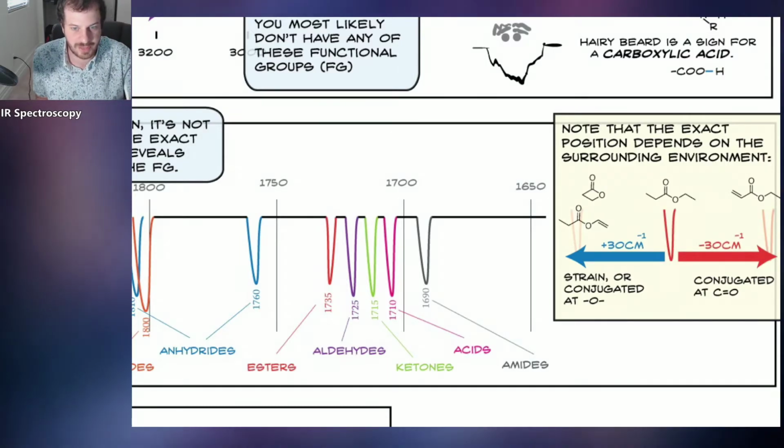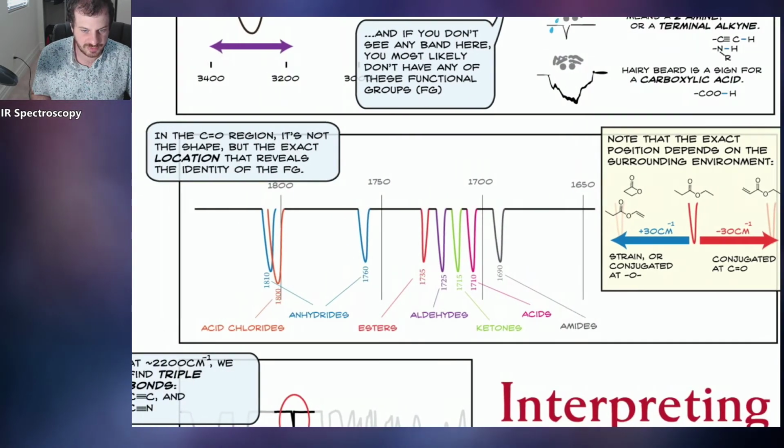So just be aware of that possibility. And if you want, we can talk more about why this is the case. But for now, just remember that strain or conjugation through oxygen can affect the wave number by increasing it. Similarly, if it's conjugated through carbon, that can actually decrease the wave number and cause the peak to appear more to the right. So just be aware that the local environment does affect that wave number. You won't see too many examples of this, but I just want you to be aware of it.